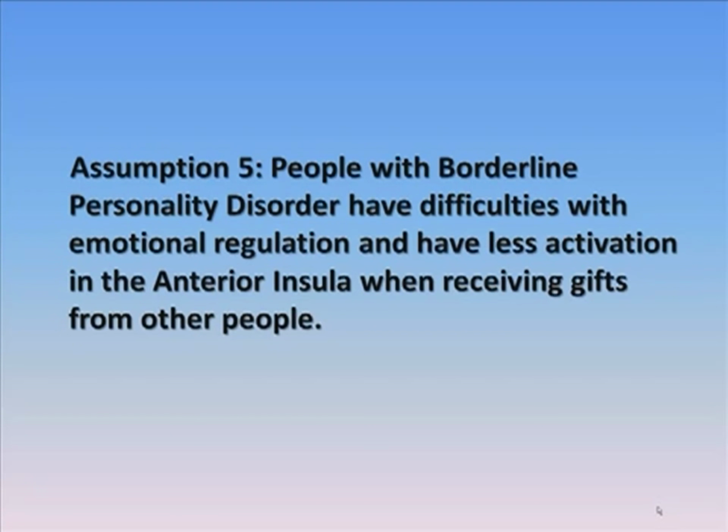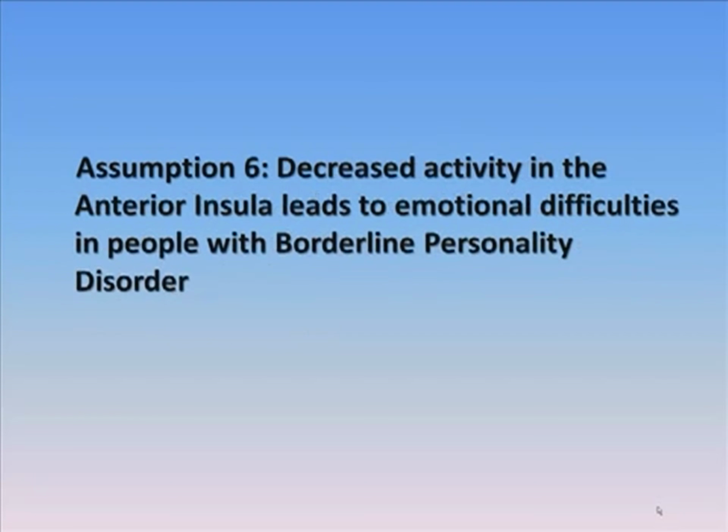And also, people with borderline personality disorder have difficulties with emotional regulation and have less activation in the anterior insula when receiving gifts from other people. A big step now. Decreased activity in the anterior insula leads to difficulties in emotions in people with borderline personality disorder.